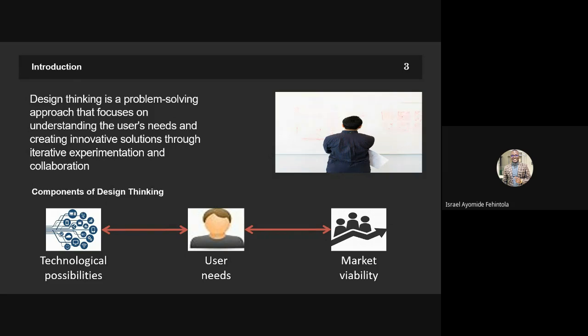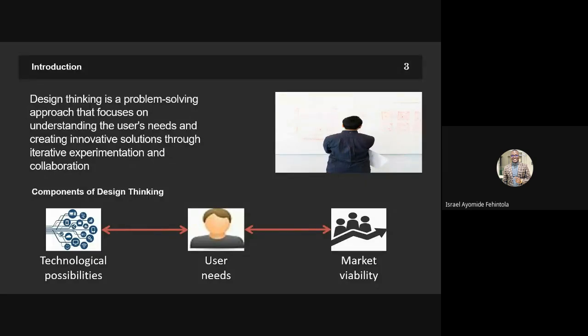So design thinking brings together these three essential components: user needs, business viability, and technological possibilities, to create solutions that are not only innovative, but remember, desirable, feasible, and viable.